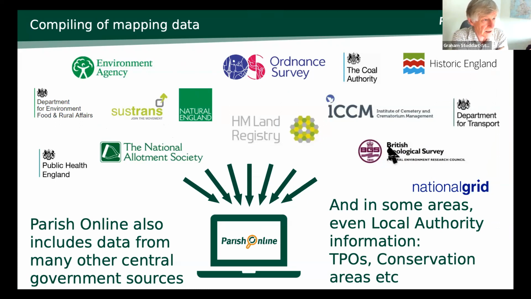So third-party businesses, third-party institutions, and certainly large parts of the government are all contributing to the layers of data that we're about to take a look at. But basically, they all keep their data up to date, and it automatically comes down to Parish Online. And so you are seeing, in most cases, the very latest data that's available to anybody.